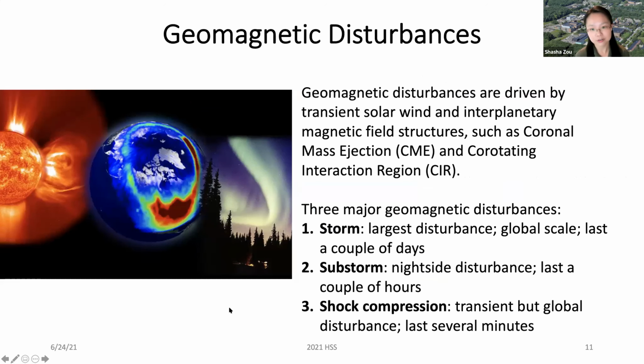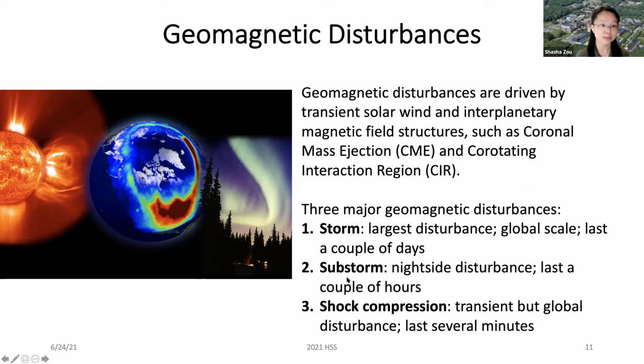So, a very brief introduction of geomagnetic disturbances. Geomagnetic disturbances are driven by solar wind and the Earth's magnetic field interactions. They can be due to coronal mass ejection or co-rotating interaction region, right? They generate the largest disturbances called a storm, or there can be some intermediate level disturbance called a substorm.